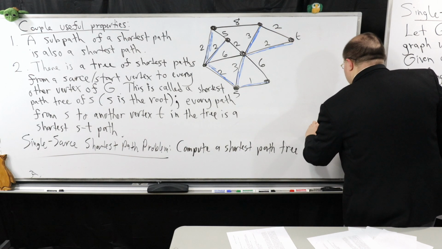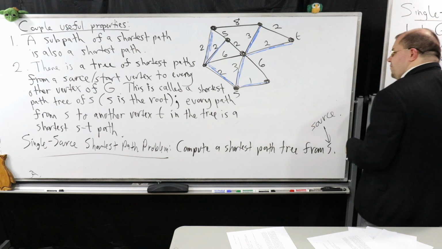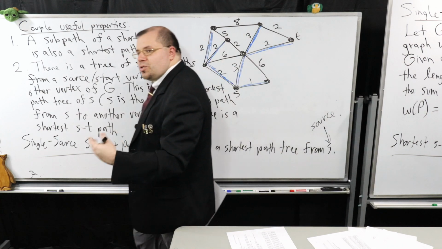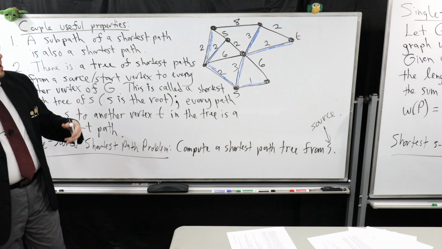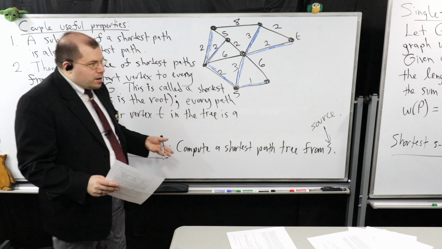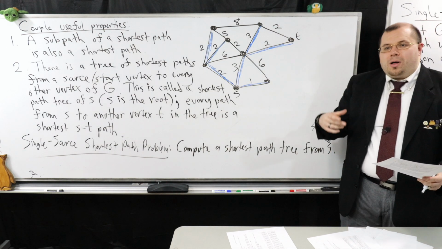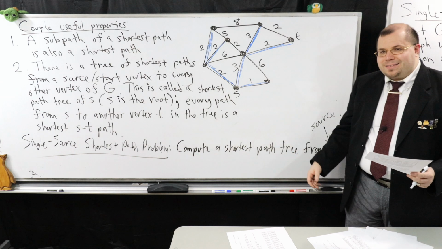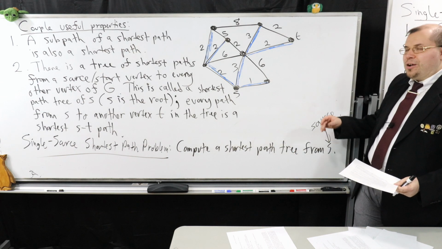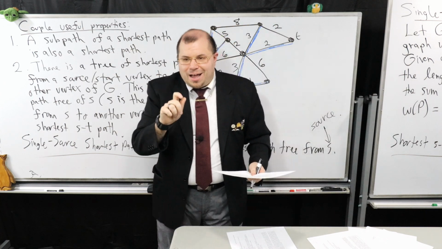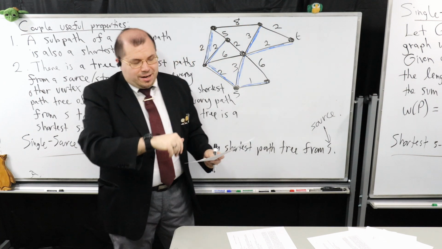When I talk about the start vertex, that's the source. Likewise, you can define other shortest path problems, for example where it is every possible pair of vertices, which we call all pairs shortest paths. In this case, we're just going to take one of the endpoints and find the shortest paths from myself to every other vertex.